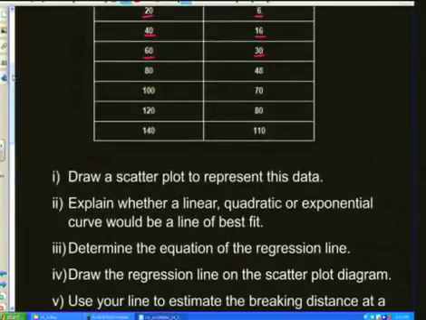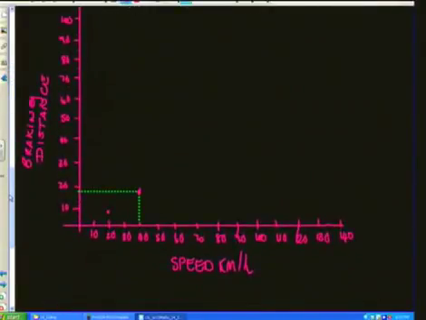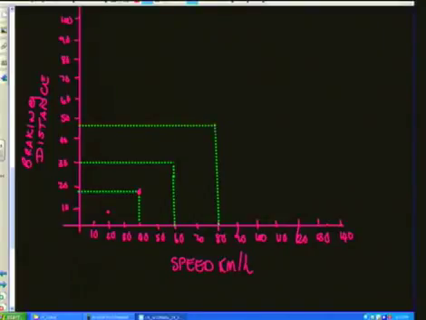We had 60 and 30, 80 and 48. So 60 and 30. And we had 80 and 48. So 48, let's put 48. It's an estimate, but there we go. 48's about there. So there's our 2 points.